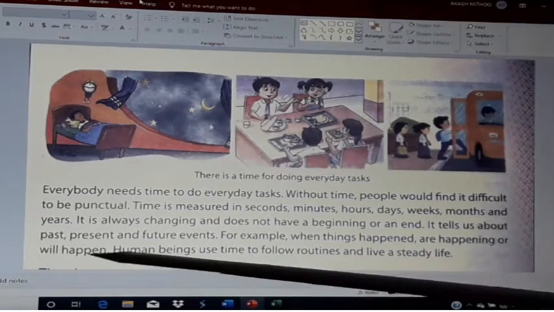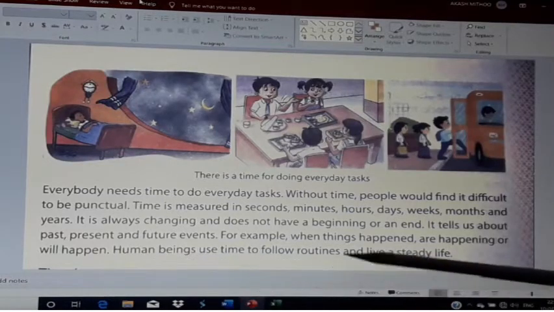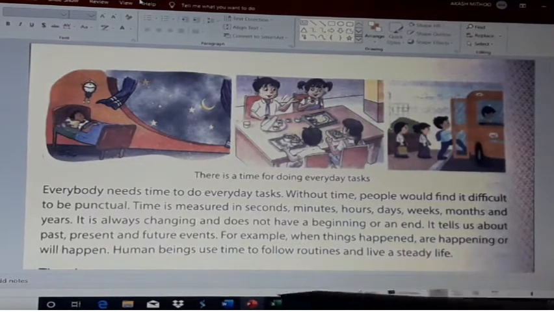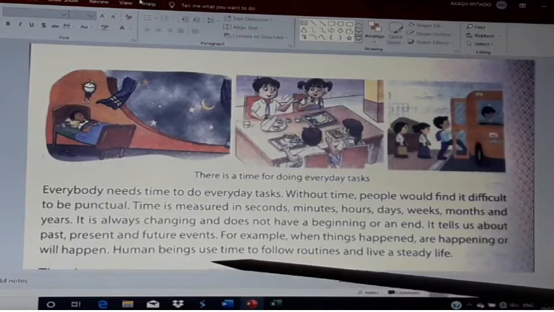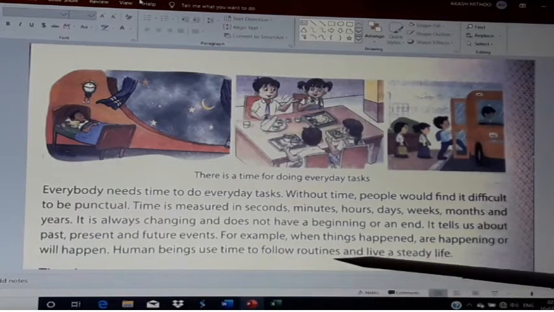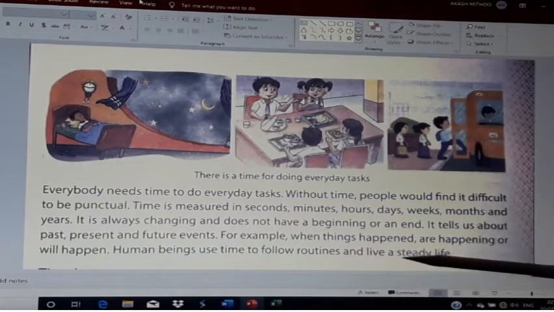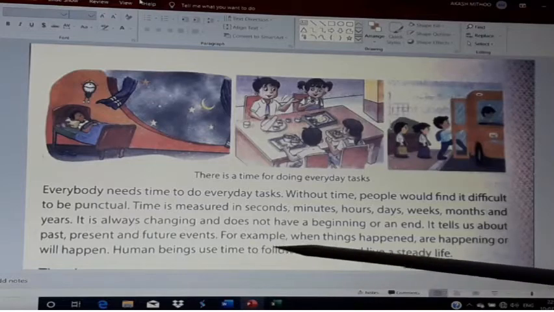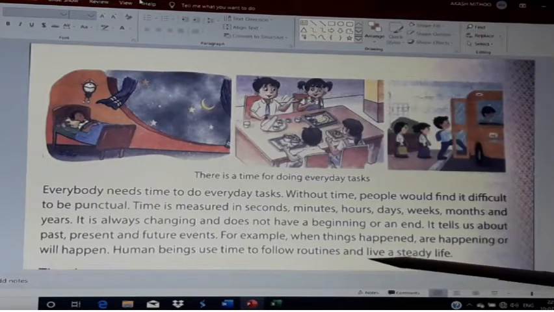And when things will happen, that is the future time. Human beings use time to follow routines and live a steady life. Steady means regular. So people use time to do their work or follow their routines in a regular way without much change.